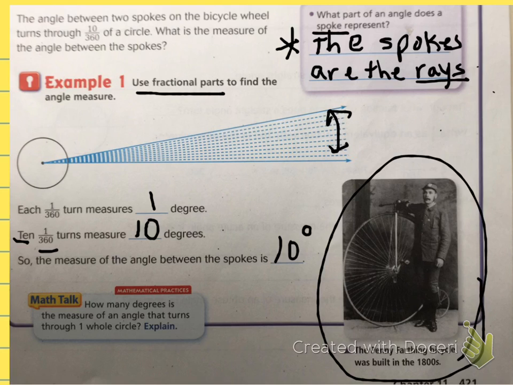How many degrees is the measure of the angle that turns through one whole circle? Let's take it again. How many degrees is the measure that turns through one whole circle?